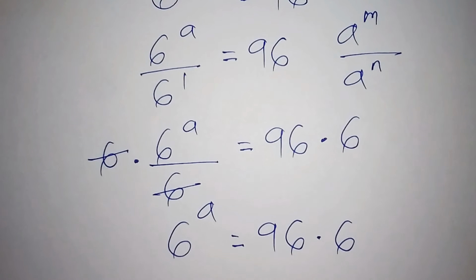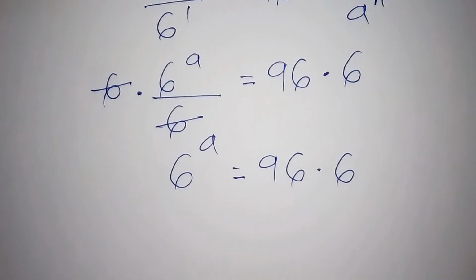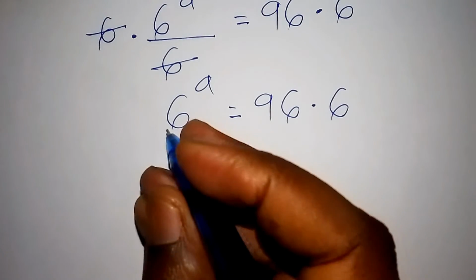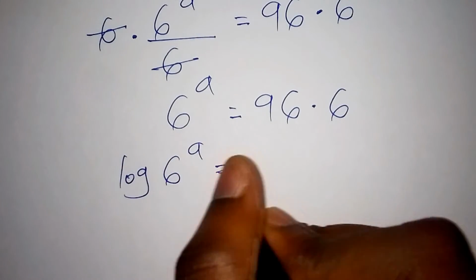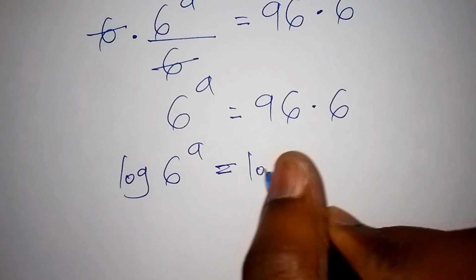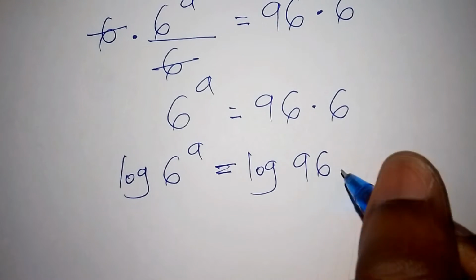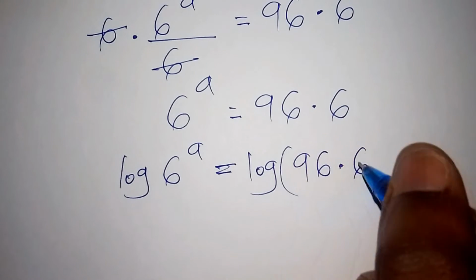The next step, what do we now have to do? It's simple. The next thing you need to do is to introduce the log on both sides. So here we shall have the log of 6 to the power of a is equal to the log of 96 multiplied by 6.